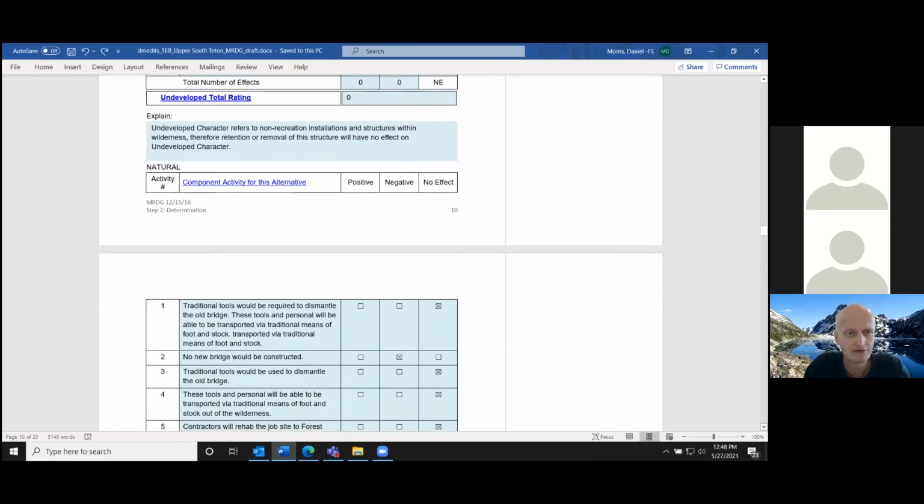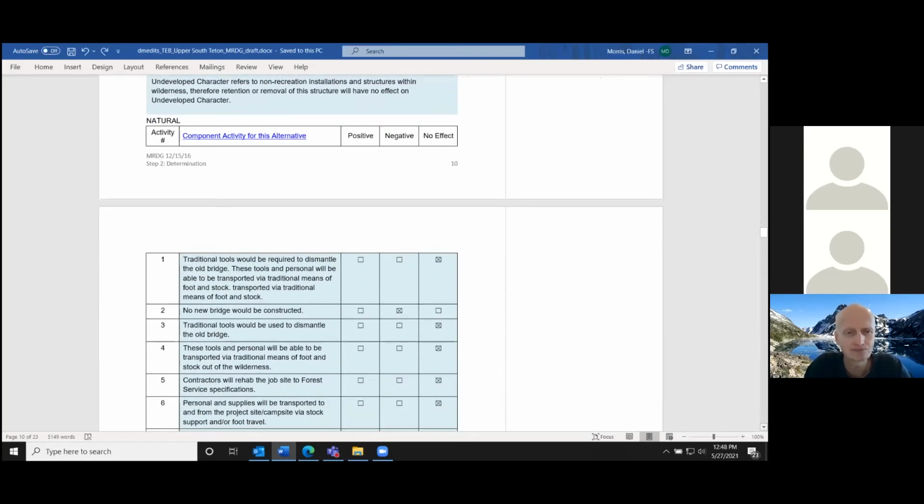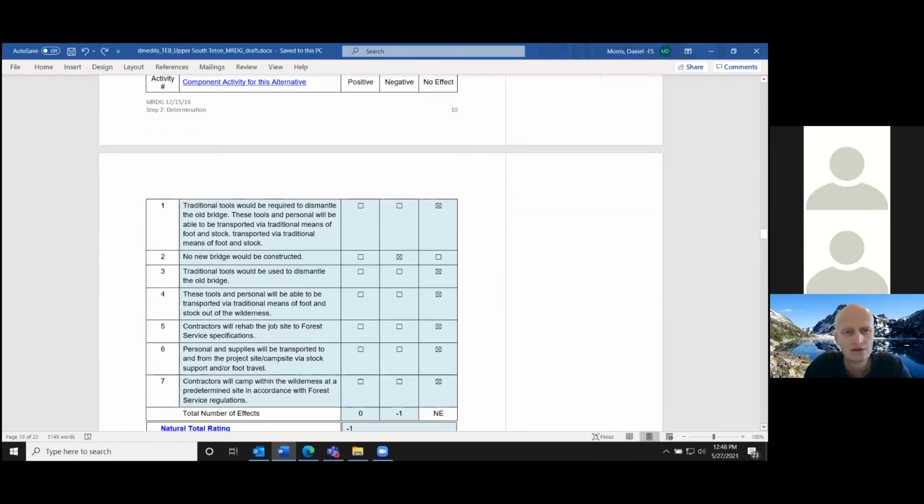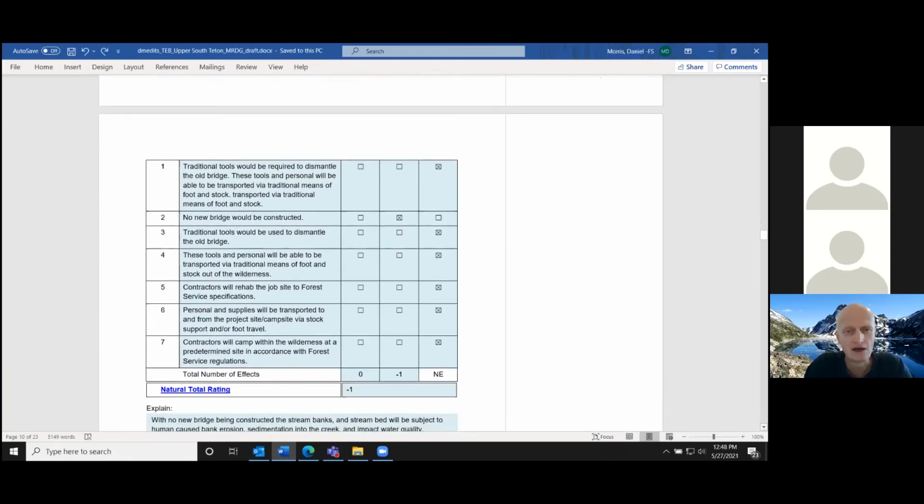All right, bouncing down to natural. So they're saying that because they are just pulling out the old bridge, not replacing the new bridge under this alternative, there's going to be a potential negative effect to natural quality.